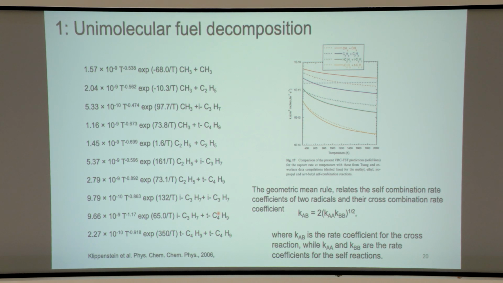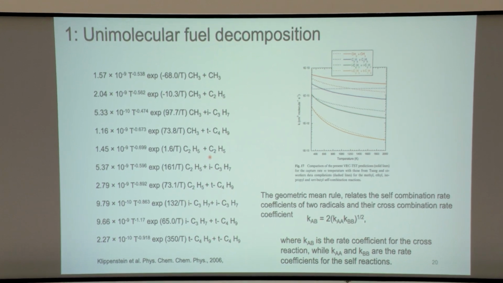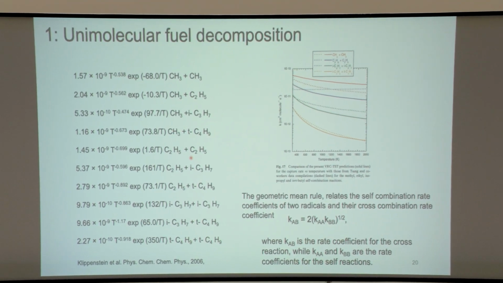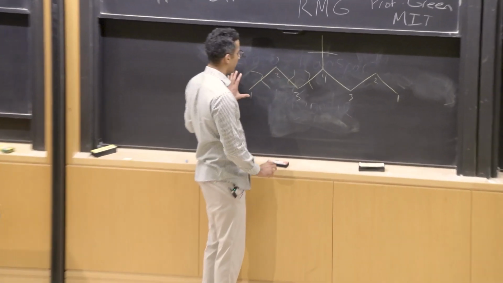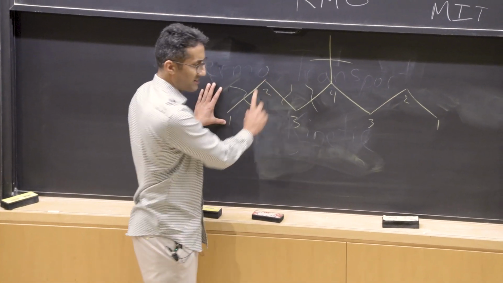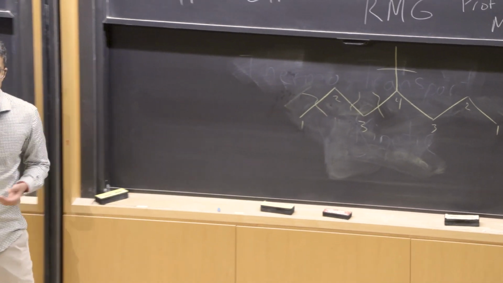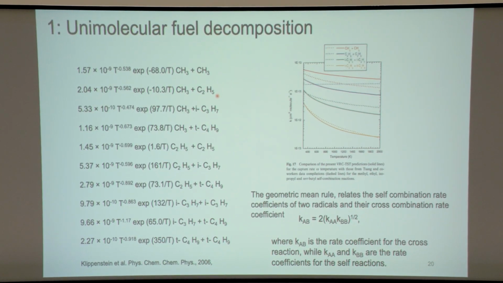Now, he has not done it for 4-methylheptane, but he has done it for many things that look like 4-methylheptane. So I just take, for example, he says methyl plus ethyl he's given me, but we want this one between 1 and 2, methyl plus some long chain hydrocarbon. Well, this guy only sees the adjacent carbon like an ethyl group. So the rate is going to be very similar to the same one here, methyl plus ethyl. Yeah?